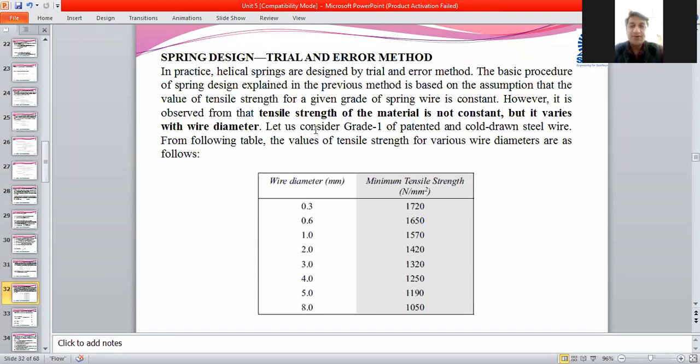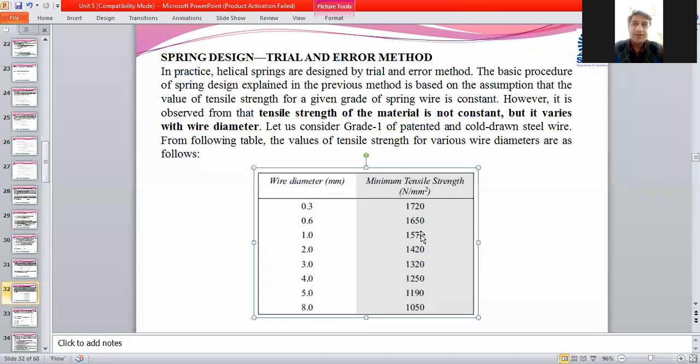We assumed the various stresses induced in the spring wire, took into account the curvature effect, and then calculated the dimensions of the spring wire as well as the spring, its free length, maximum deflection, and stiffness. But how we can proceed with the trial and error method, we are going to see now.